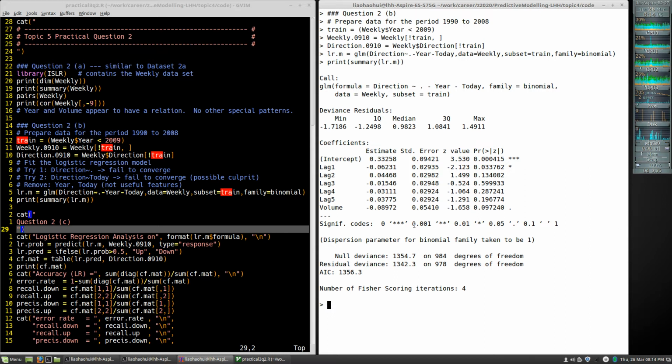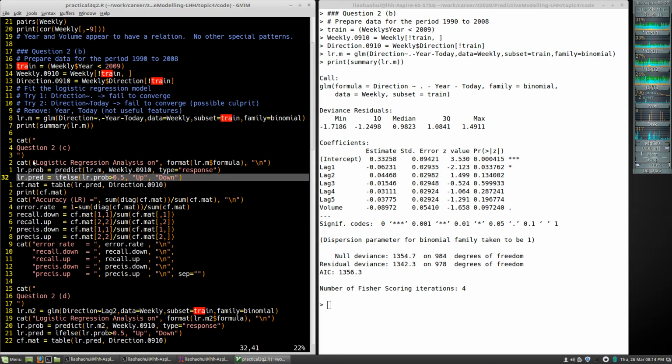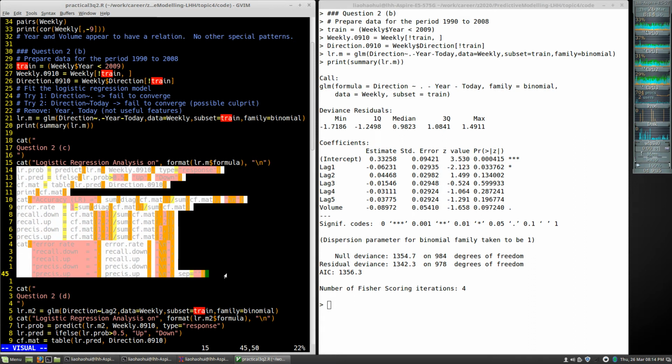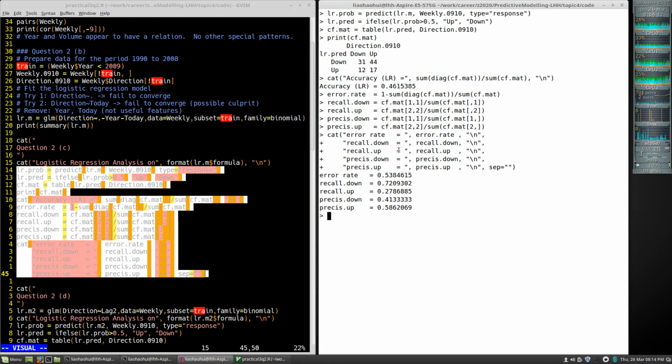Now let us proceed to part C. We are asked to compute the confusion matrix and accuracy measures on the validation data, which is 2009 and 2010. The solution is more or less like this.